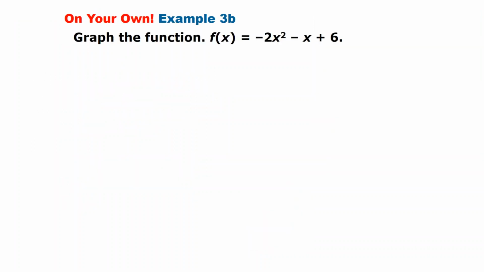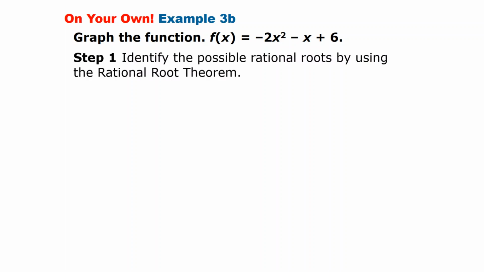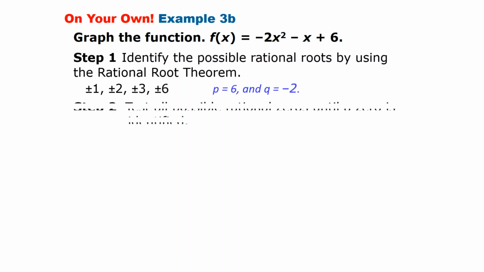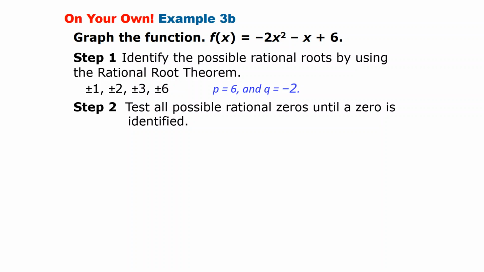Try another one on your own. Graph this function. Turn your video off, give it a try, and then come back. Okay, so you want to identify the possible rational roots by using the rational root theorem. Again, there's our choices that we should try. You want to test all the rational zeros until a 0 is identified.